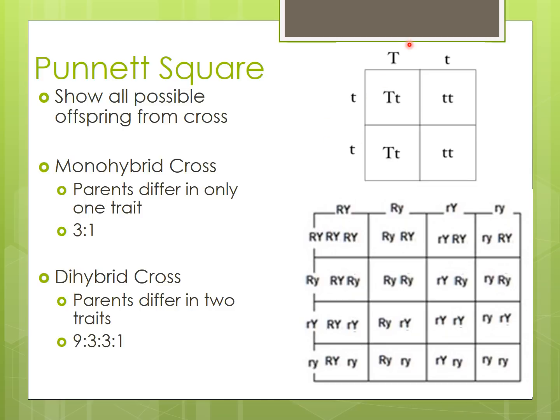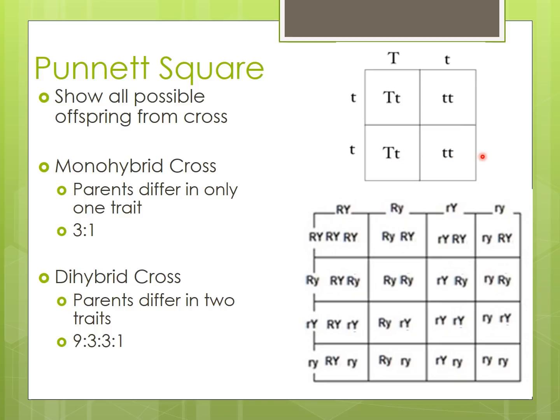I would start with the uppercase T and put it in this square and this square. Then I would start with the recessive allele from the parent up here and put it in this square and this square. And then you fill out the other way. You take this lowercase t, put lowercase t here, recessive allele here, recessive allele here as well.